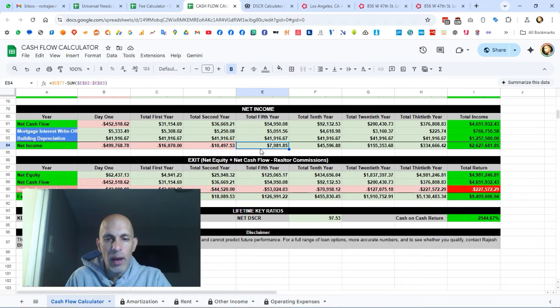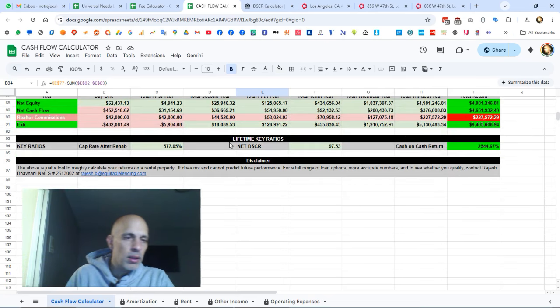Like year 5, you're going to be paying taxes on this particular building at about $8,000. That's the taxable income from this property, $8,000. 10th year you're looking at 45, 30th year you're looking at 334. So by year 5 you're already generating enough profit to be taxed on it, which for some people is a problem.